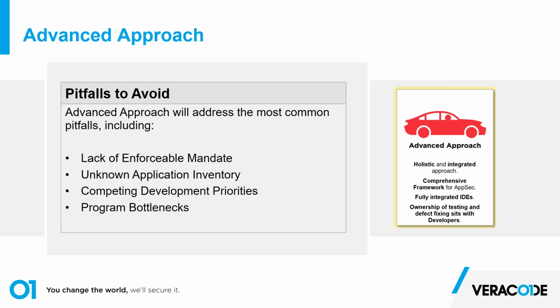If you have an advanced approach, a good program with metrics and top-down support, I've seen companies where they can go up even to the CEO and say, here's the risk we have, here's how much it would cost to get some extra developers to focus just on remediation, and they get that funded.